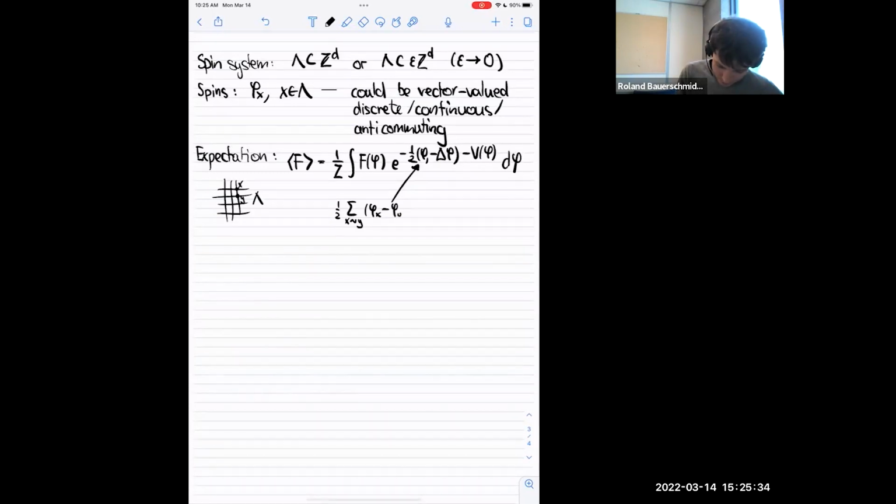And the first term is roughly this Dirichlet energy, and the second term is usually local, in the sense that it's the sum over spin sites of some local potential V_x of phi only at x.